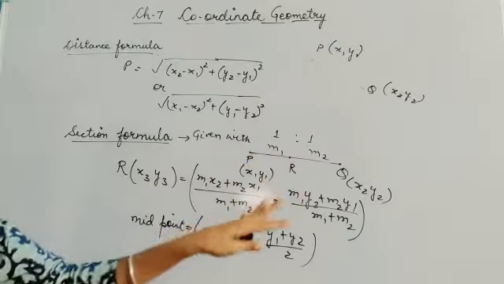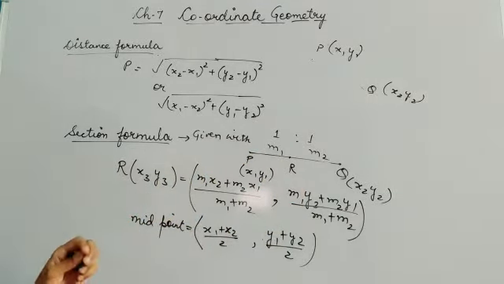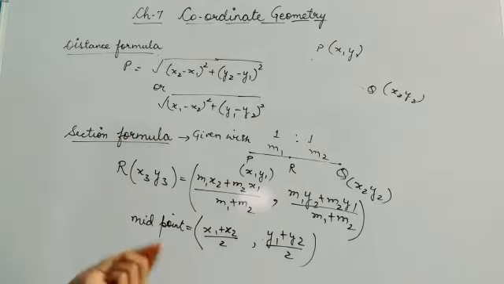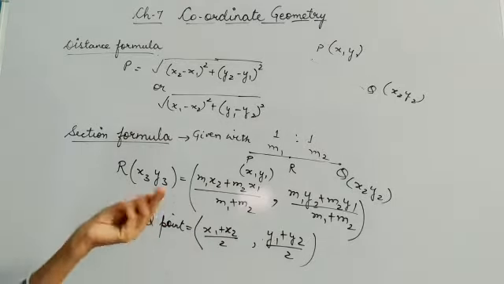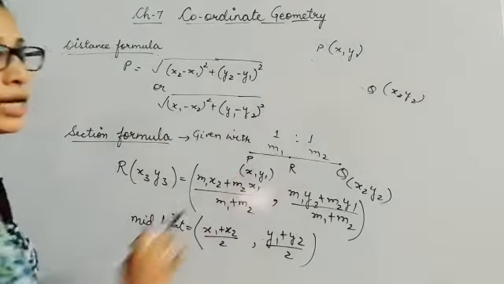That means if the ratios are given to you. But let's suppose if the ratios are not given to you and in the question it has been said that find out the ratio in which this point R divides line PQ.